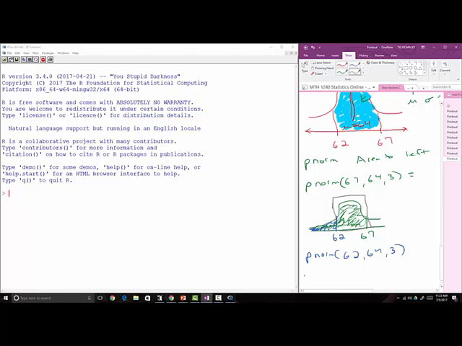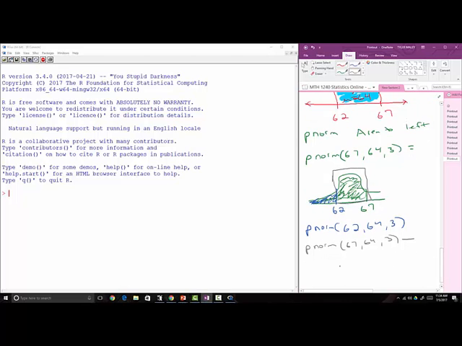So if I take the area to the left of 67 and then subtract off the area to the left of 62, I'm left with just what's inside, in the middle. So the command I really want is pnorm 67, 64, 3, and subtract off pnorm 62, 64, 3, right?